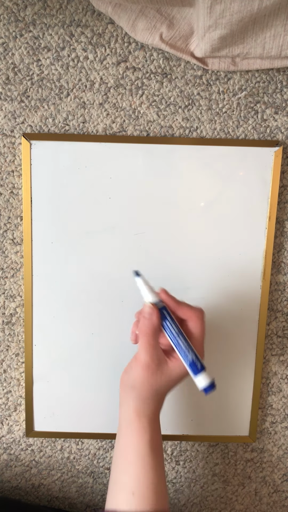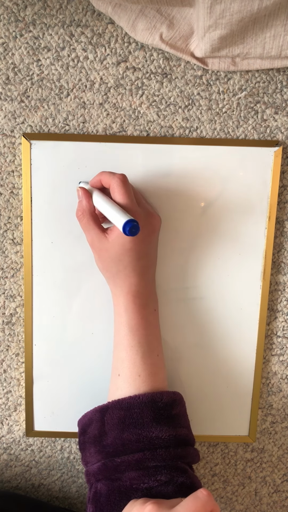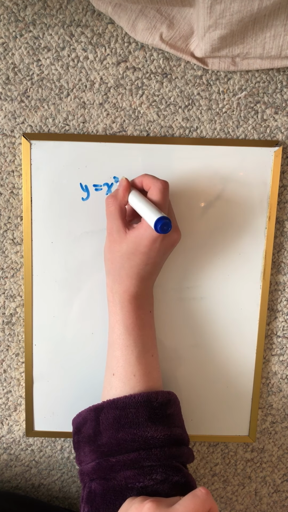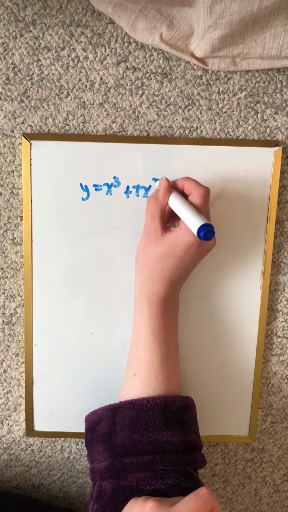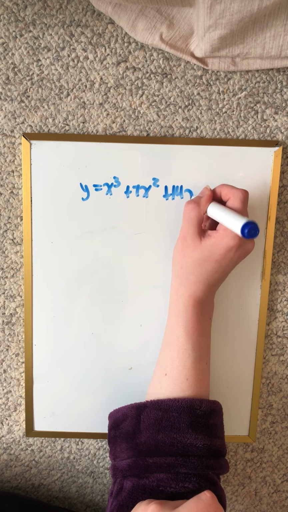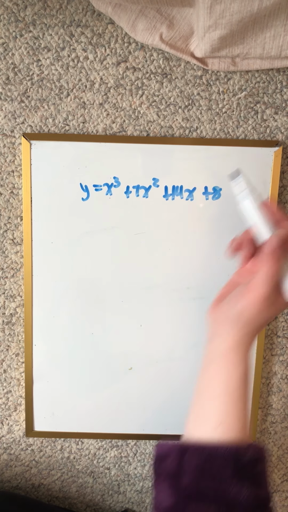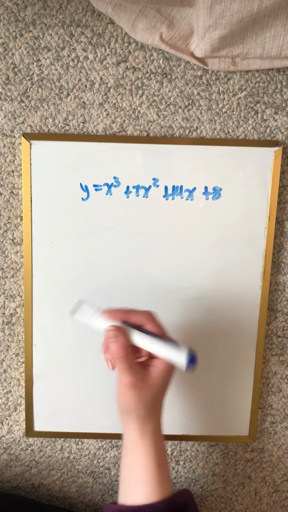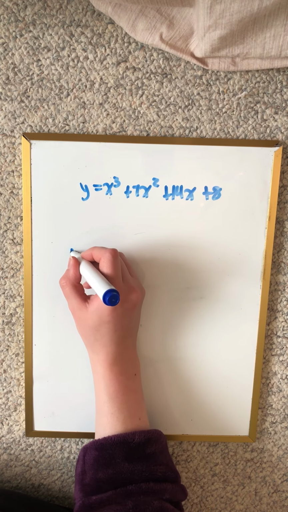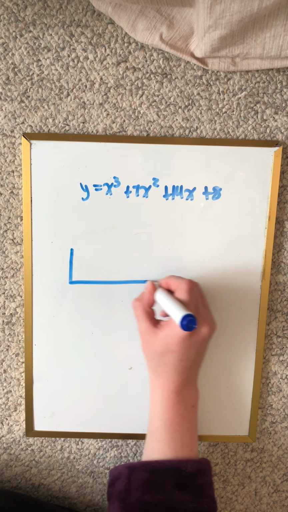We're going to use the same equation that we were using in the previous question. So that's y equals x cubed plus 7x squared plus 14x plus 8, and now we're going to use synthetic division.